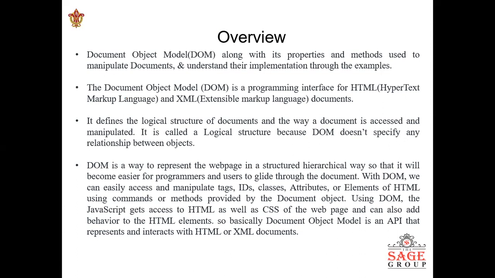So we can say it is a programming API for HTML and XML documents. It also defines the logical structure of a document and the way a document is accessed and manipulated. In the DOM specifications, the term document is used in the broad sense.